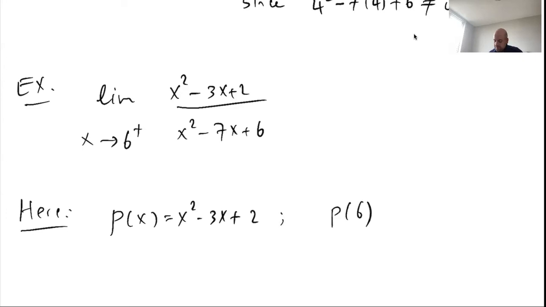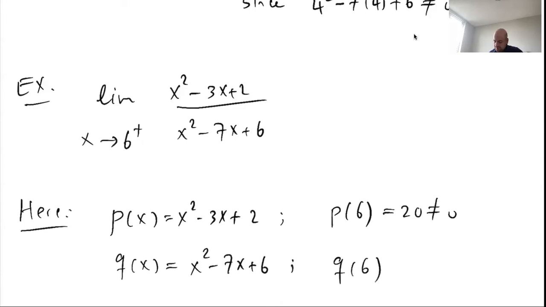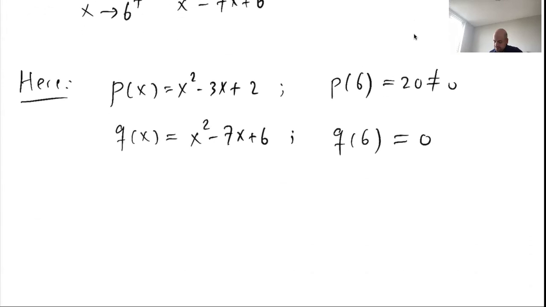P of 6 is 20, which is not 0. Q of x equals x squared minus 7x plus 6. Q of 6 is 0. So we are in case 2 above.